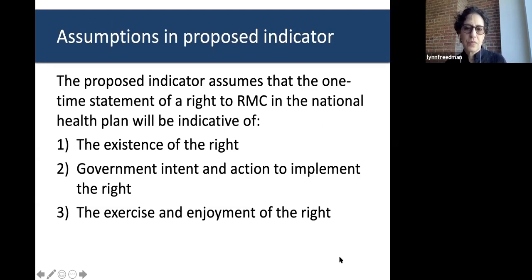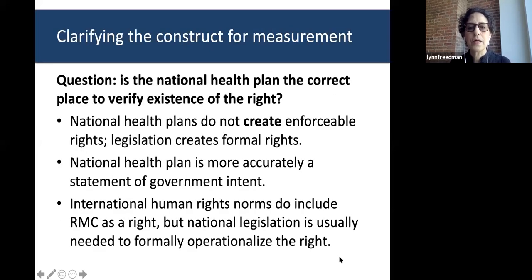It assumes that statement is indicative, first, of the very existence of the right, and secondly, of the government's intention and action to implement the right, and finally, the exercise and enjoyment of the right. So all of those things are assumed here. So let's look at some of those. First, is the National Health Plan the correct place to verify that the right exists?